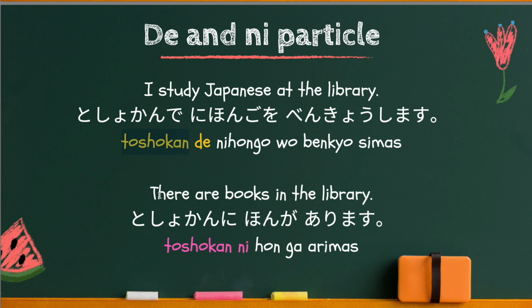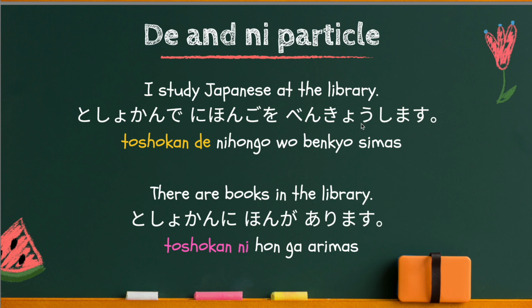However, the second sentence says, there are books in the library. In this case, library is not the place of action anymore. This is the place of being, where these things exist. Therefore, you need to use に particle instead. So this is the difference between で and に particle. If you are not sure about the difference, you can always ask me questions and I will answer your questions.